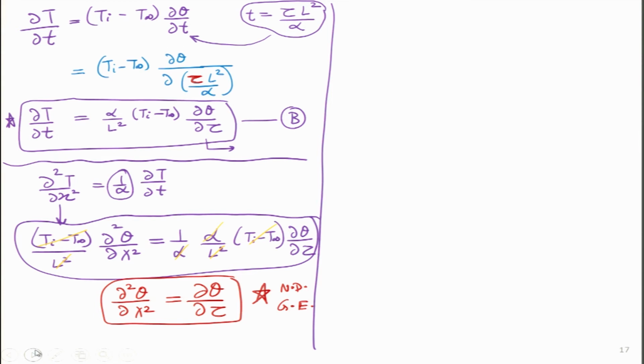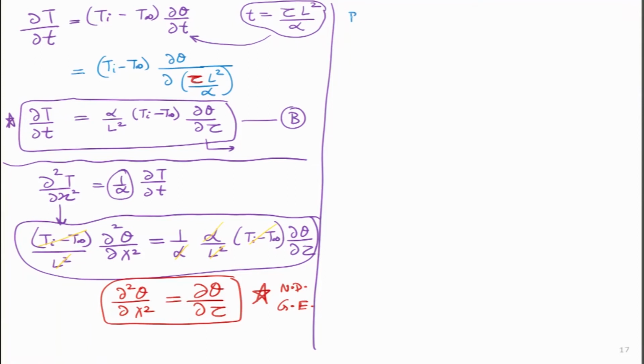Now let us go ahead and non-dimensionalize our boundary condition. In the interest of time, let me do it in fewer steps than this, because I spent more time over here, as I was doing it the first time to illustrate the concept. Now we can go a little bit faster. The first boundary condition that we had written earlier was the symmetry boundary condition, that del T at x equals 0 and at all time by del x, the slope is 0.